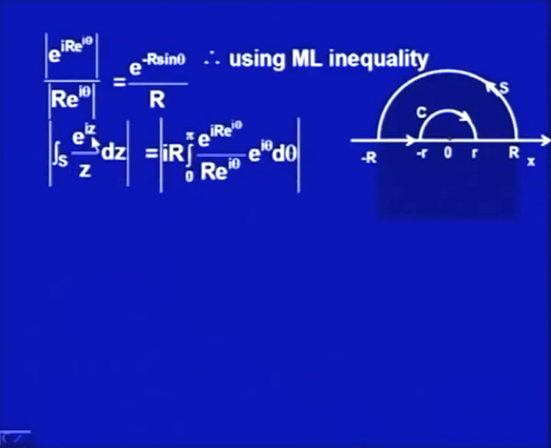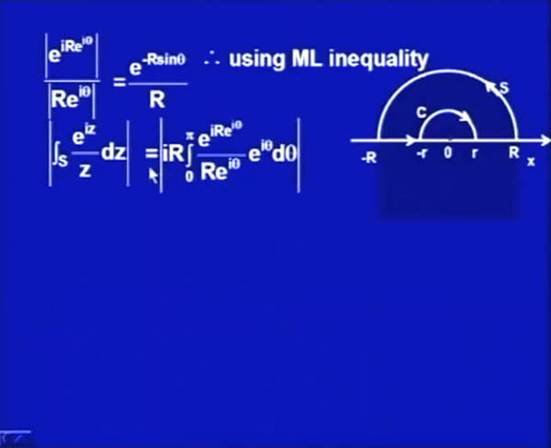We change z to R e^{i theta}, that is, we write it as f(z(theta)) z'(theta) d theta. So the function e^{iz} we could write as e^{i R e^{i theta}}, z is R times e^{i theta}, and dz would be i R e^{i theta} d theta.